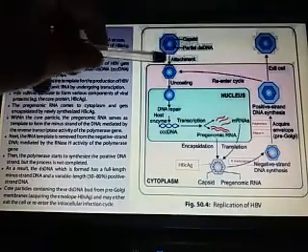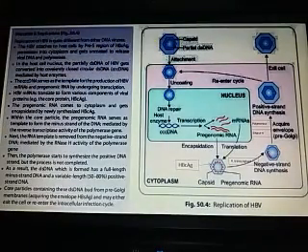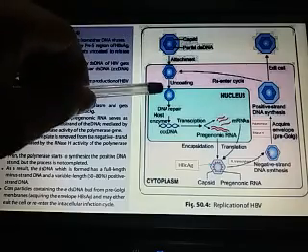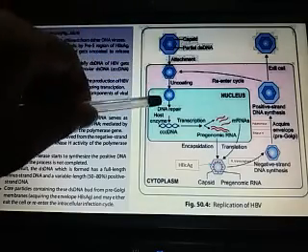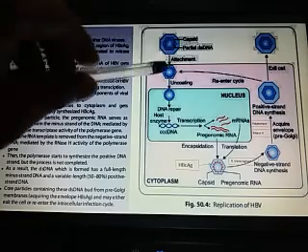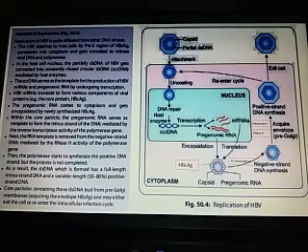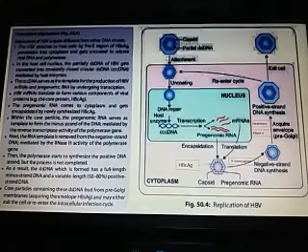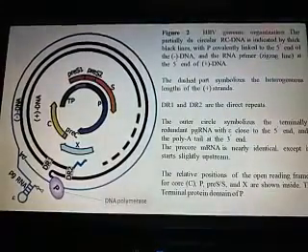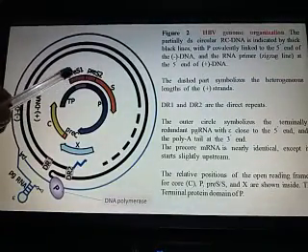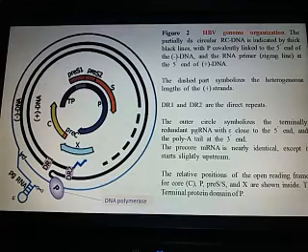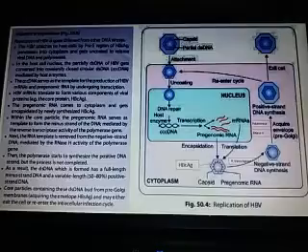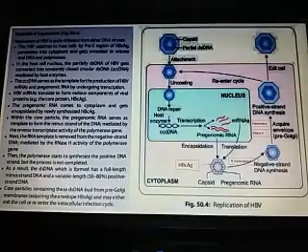After the attachment, the hepatitis B virus attaches to the host cell by the pre-S region of the hepatitis B surface antigen. I have told you in the earlier class. You can see here, this one is the pre-S1. Through these regions, the virus attaches to the host cell.